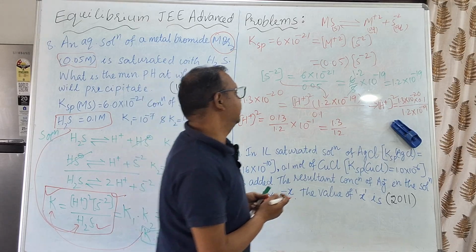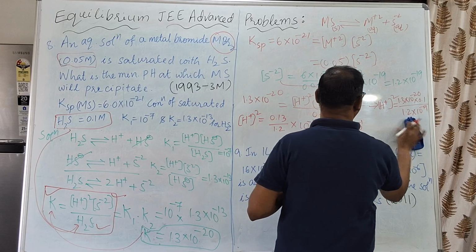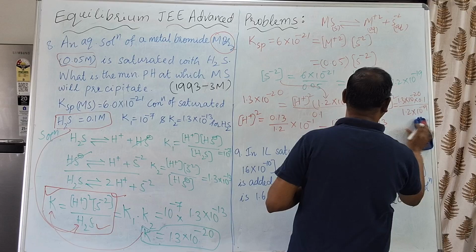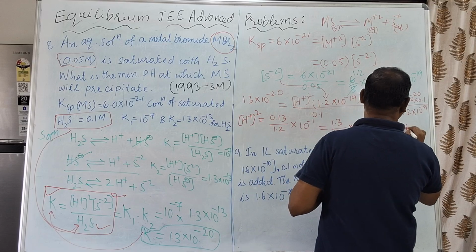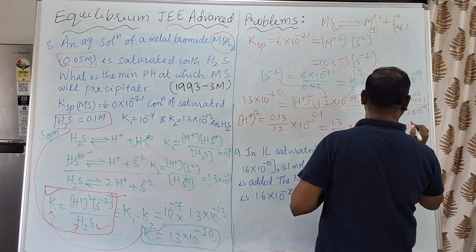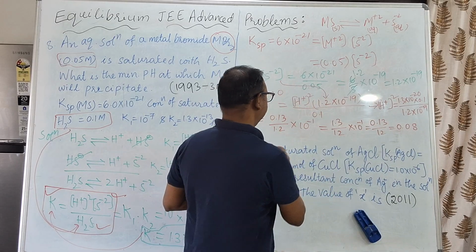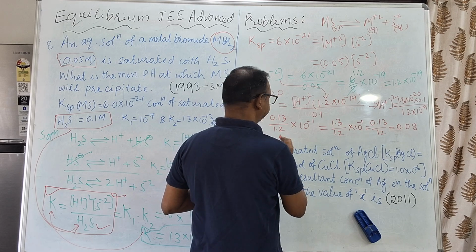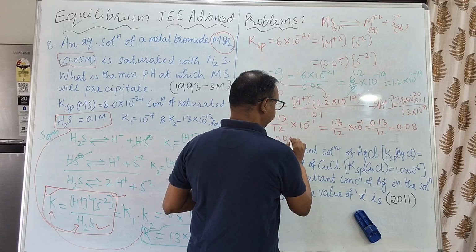Into 10 power minus 1 if you write, then 0.13 by 12, that equals 0.08, we can write it here. 0.08 means what we will get? The concentration of H plus is equal to, minus 0.04, you will get here.